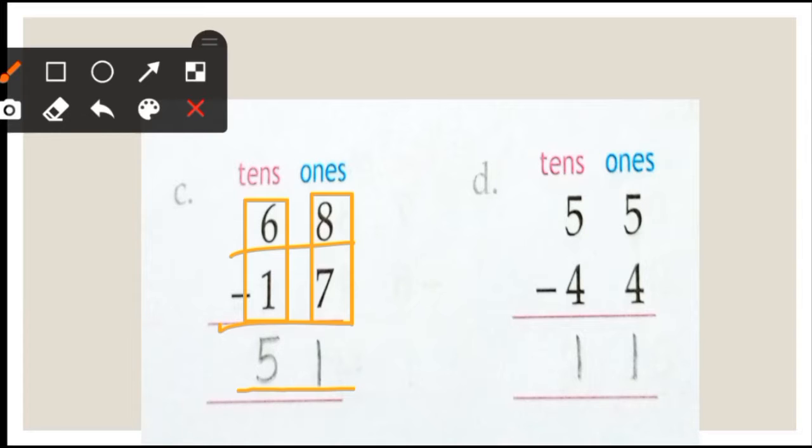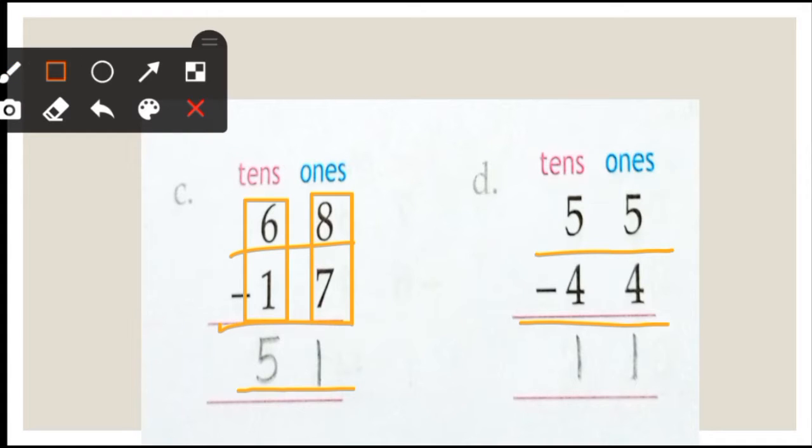Now we will move on to question number D. For this question, I am going to read our digits together, means tens and ones: 5, 5, 55 minus 4, 4, 44. Now I am going to read our ones part and tens part.